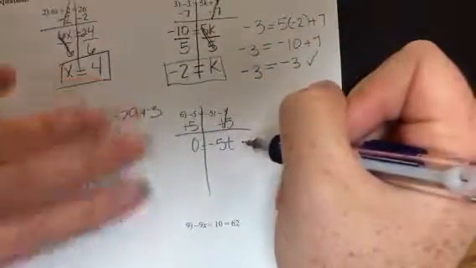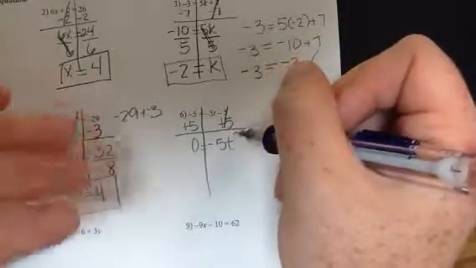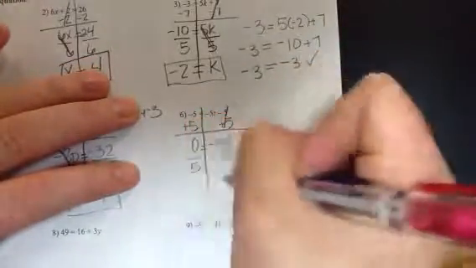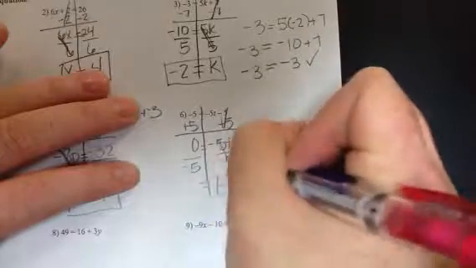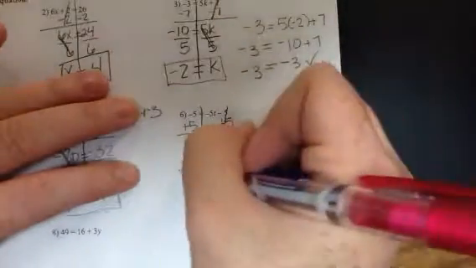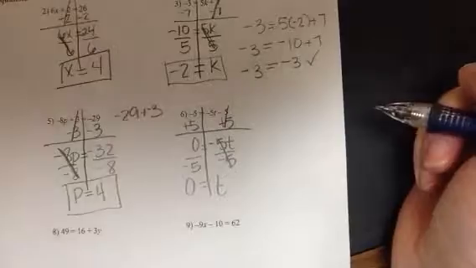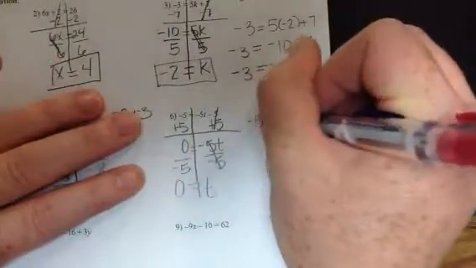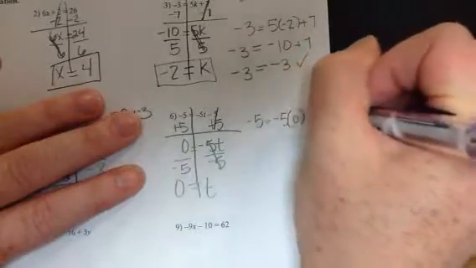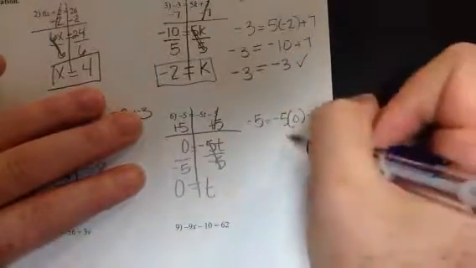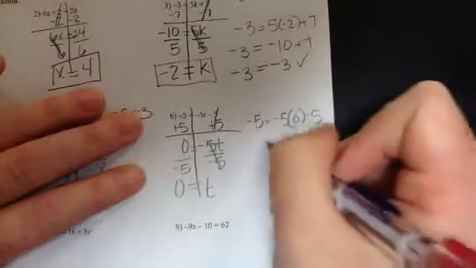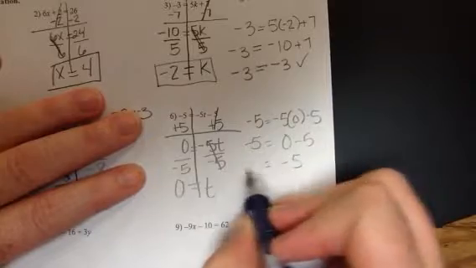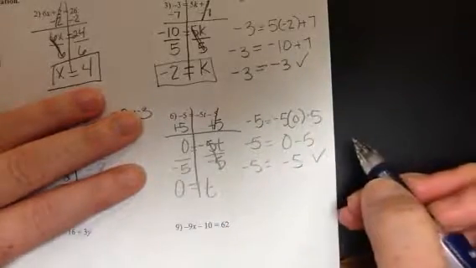They kind of threw everybody off in class, but anytime you're dividing with a 0, your answer is going to be 0. So let's just check it for grins. Negative 5 equals negative 5 times 0 minus 5. Negative 5 times 0 is 0. 0 minus 5 is negative 5, so negative 5 equals negative 5. Looks like it checks out to me.